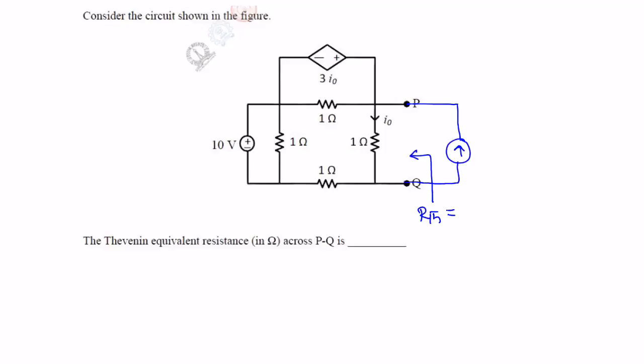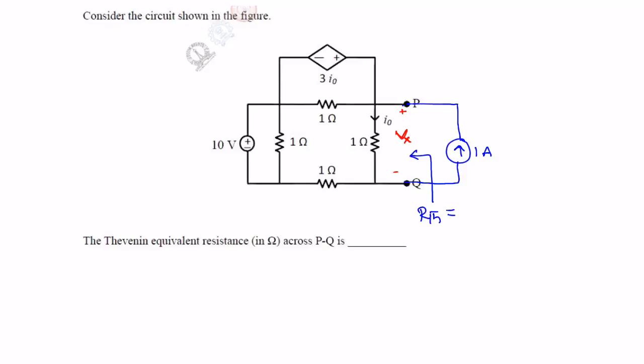Assume you apply 1 ampere across this; you get some voltage drop across these terminals, say Vx. Vx is the voltage across P and Q because of the known current source of 1 ampere.